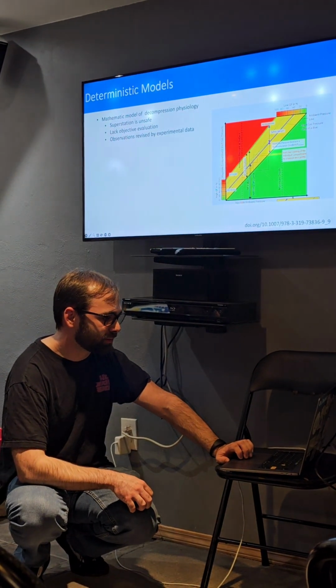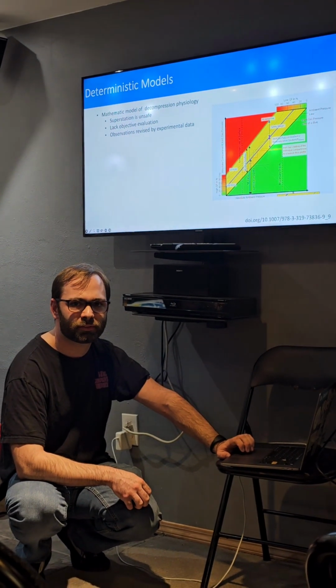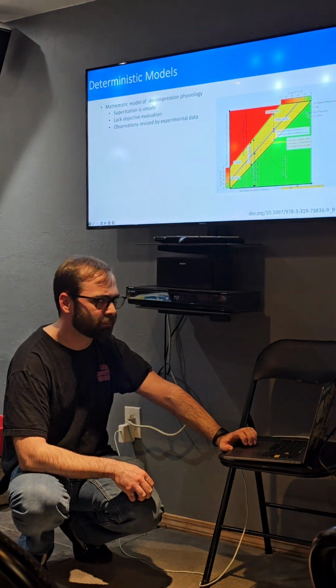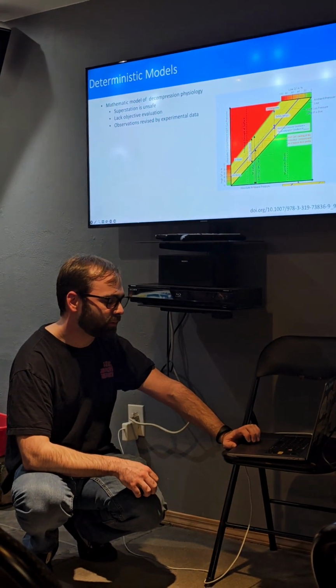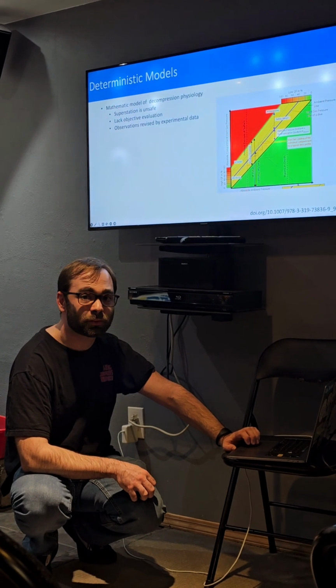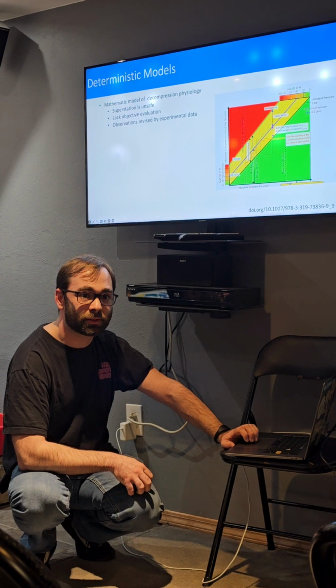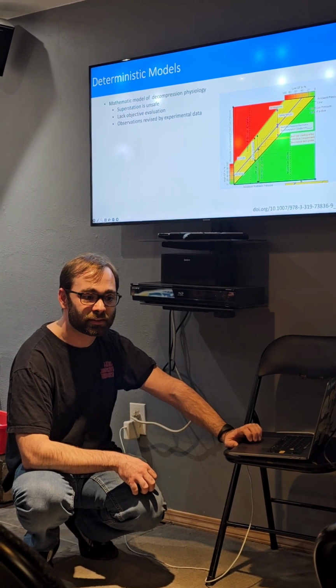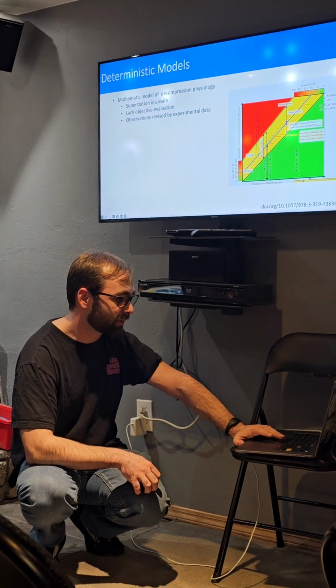Over the last 50, 60, whatever years, I guess it's now more like 80 since the 1940s, original models have been revised by experimental data collected through either meta-analysis, which is retrospective analysis of dive accidents, or by comparing it to the US Navy dive table set and better modeling.